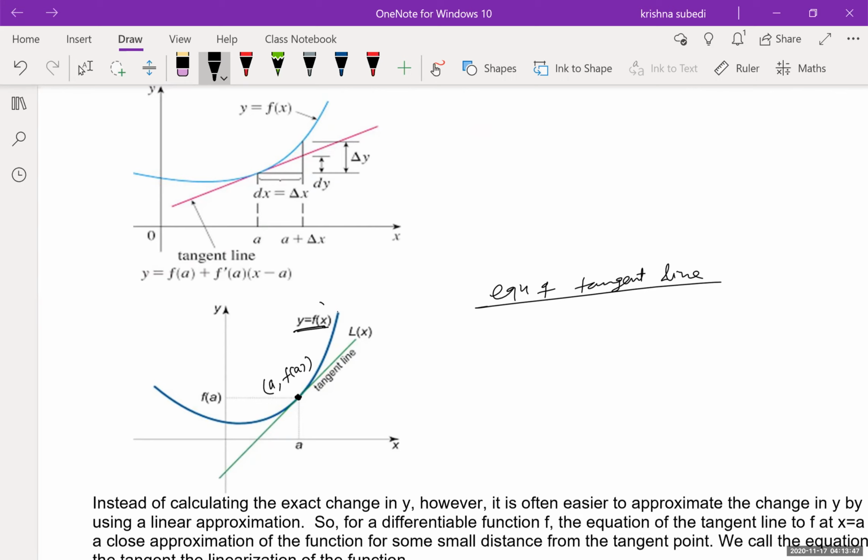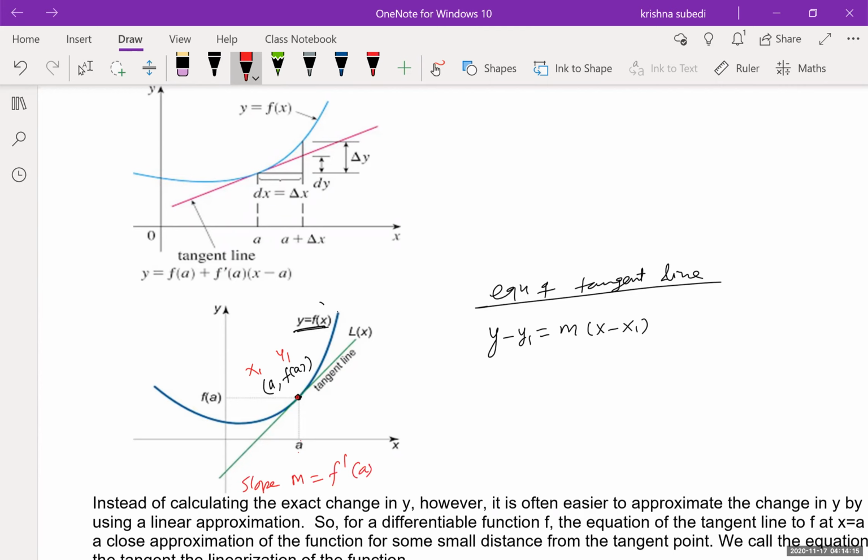So equation of line, you already know the formula y minus y1 equals m times x minus x1. So remember, one point is given, this. And what is the slope? Slope of a tangent line, which is m, is given by the derivative at the point A, f prime of a.